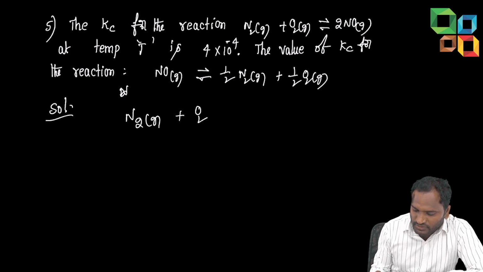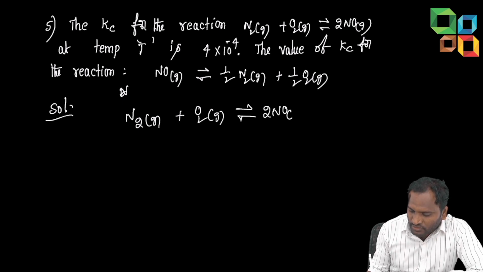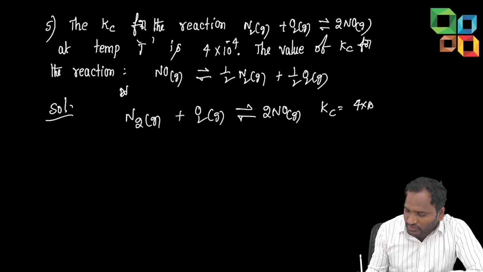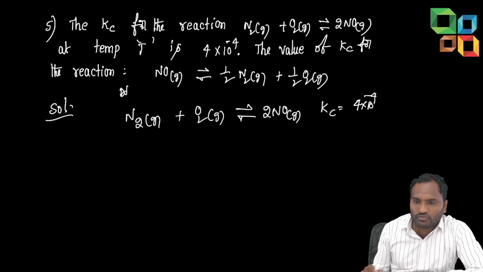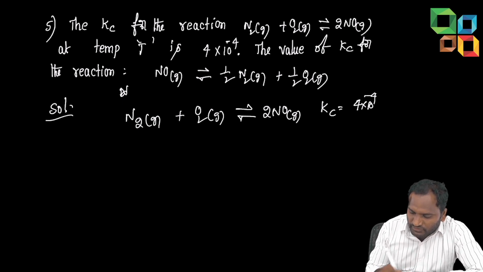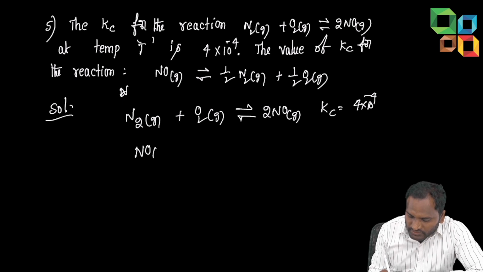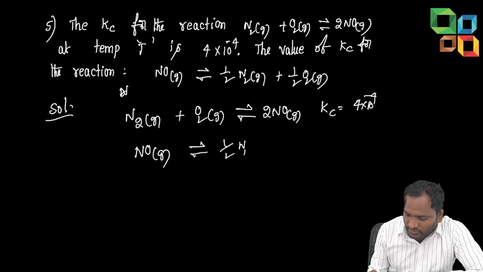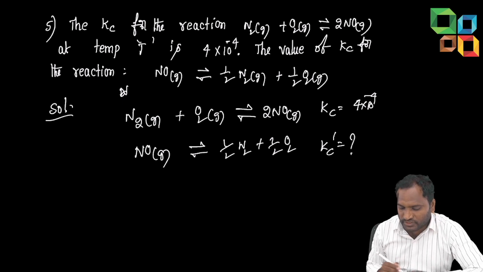For N2 gas plus O2 gas in equilibrium with 2NO gas, the Kc is 4 into 10 to the power minus 4. They are asking for the reaction NO gas in equilibrium with half N2 plus half O2. For this Kc dash, how much?